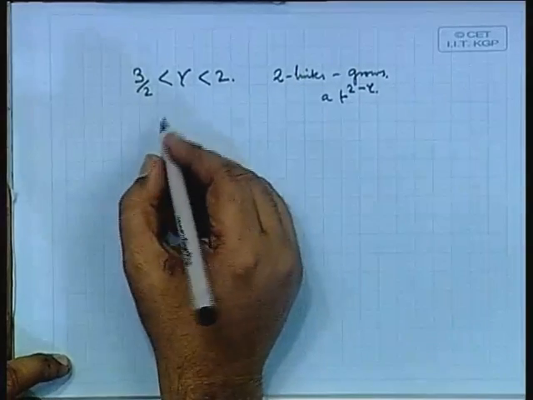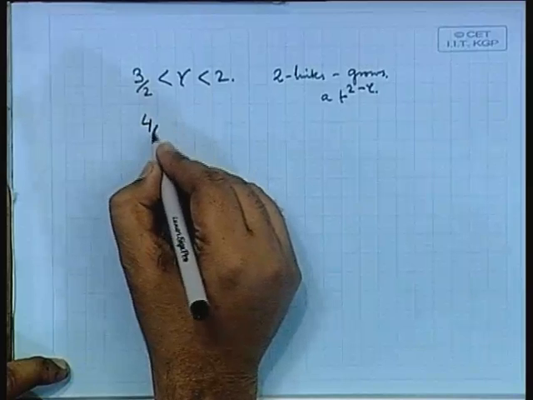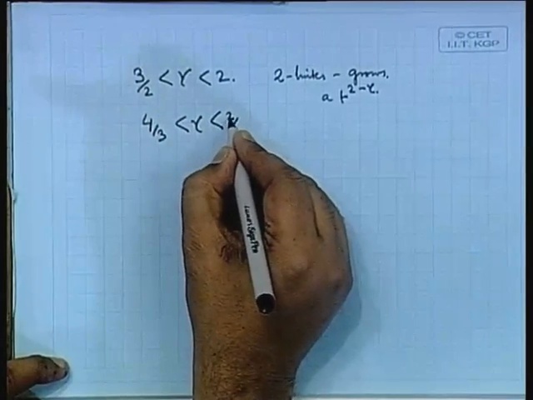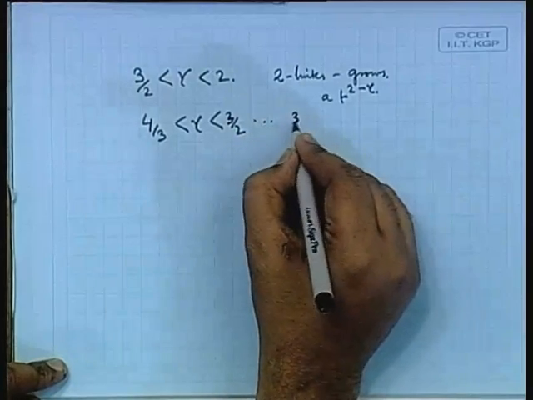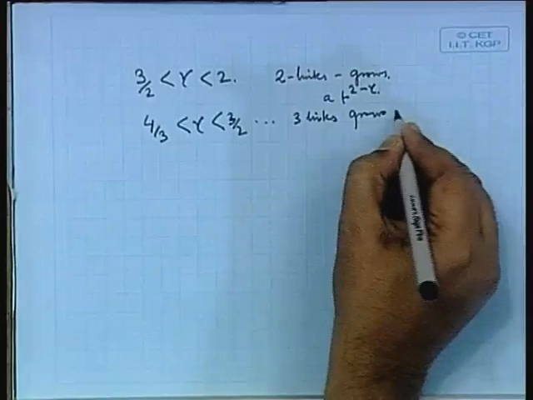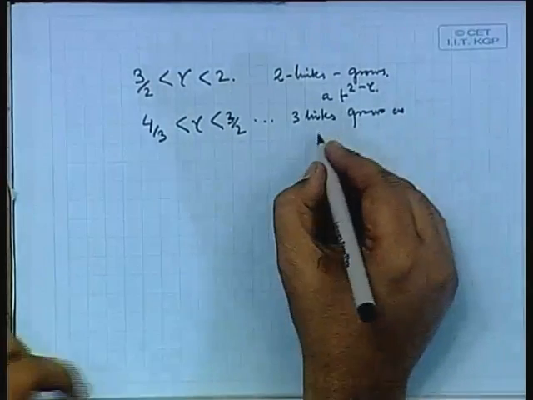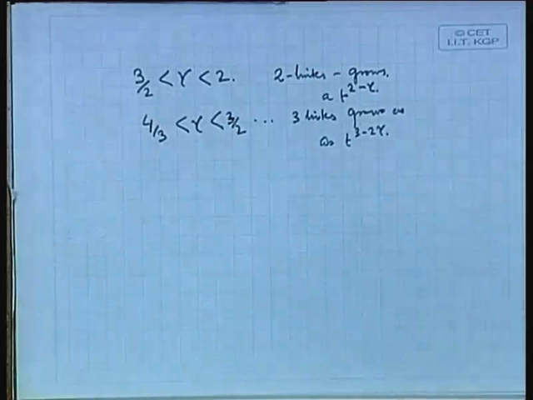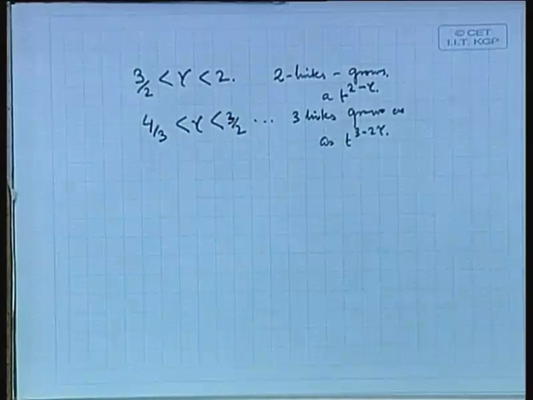And then we can have again 4 by 3 into 2 by 3 by 2, where 3 links grows, while the number of nodes having more than 3 links is finite.